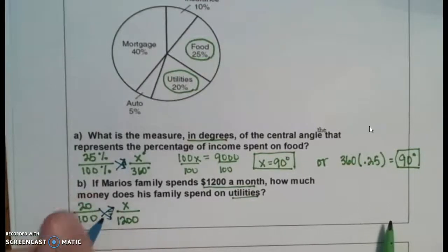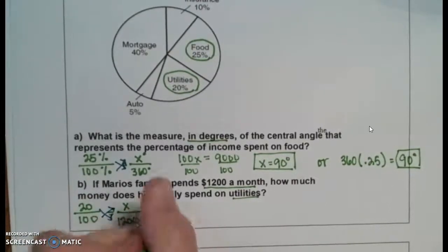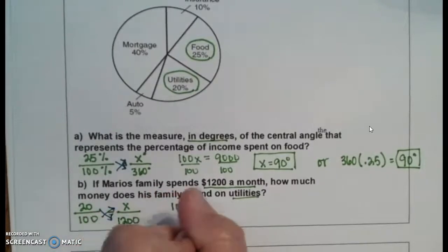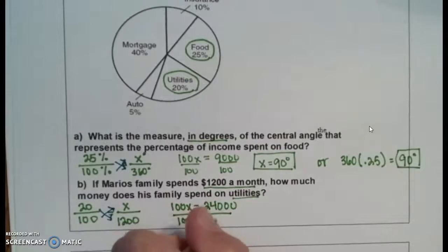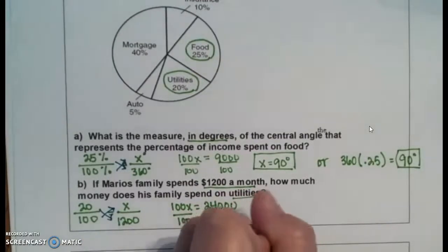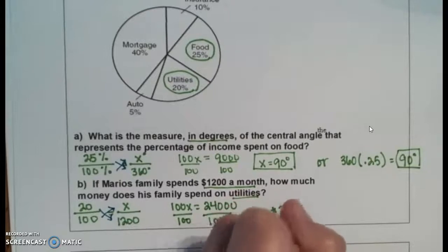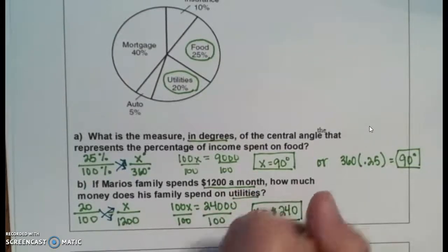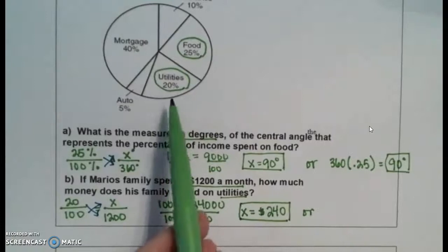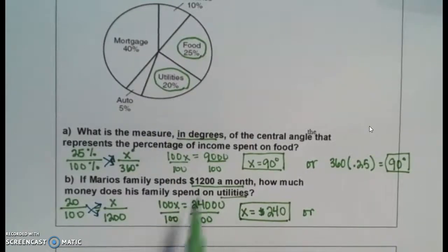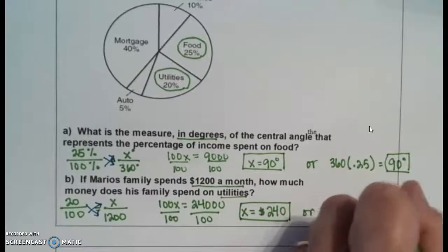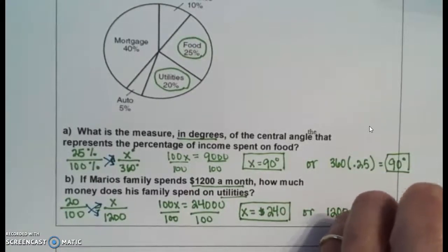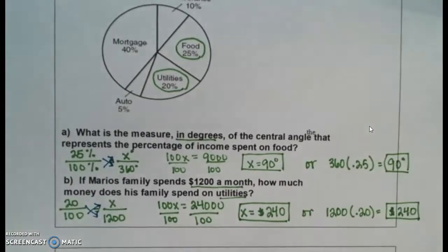Again, cross multiply, so we would get 100x equals 24,000 divided by 100, and we would get x is $240. Or you could say the utilities represents 20% of the $1,200 a month, so we could say 1,200 times 0.20 to get $240. So two different ways there that you can solve that problem with the circle graph.